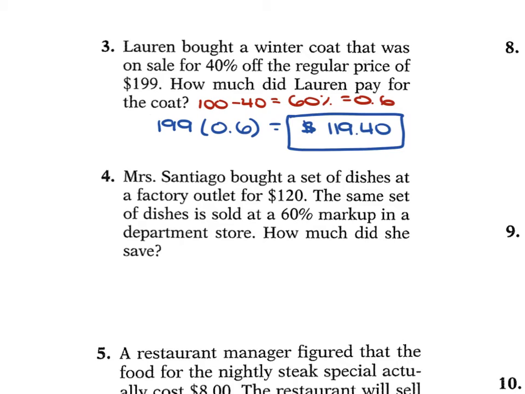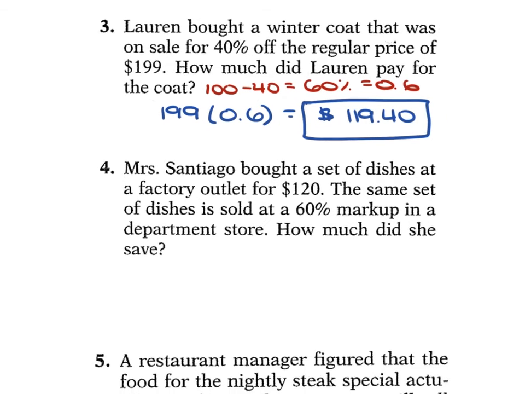For 4, it says Mrs. Santiago bought a set of dishes at a factory outlet for $120. The same set of dishes is sold at a 60% markup in a department store. How much did she save? So that markup is added to the $120.